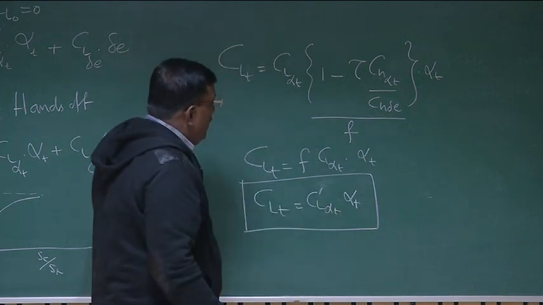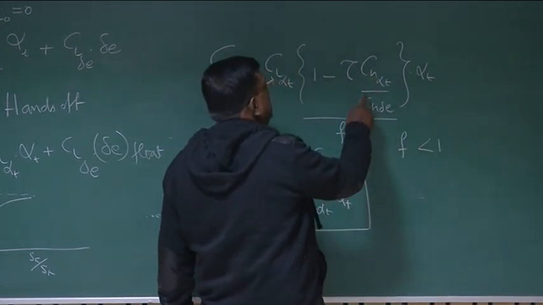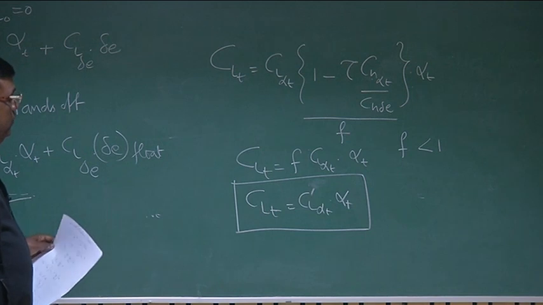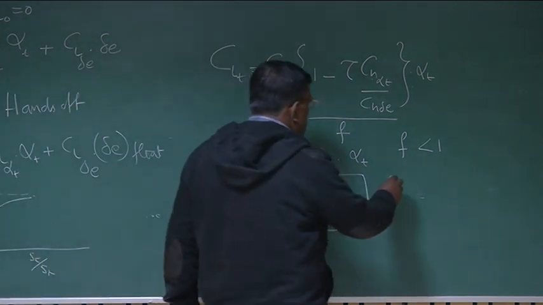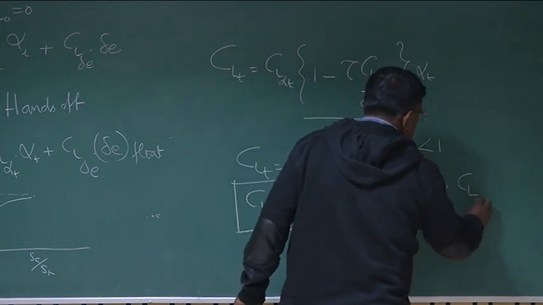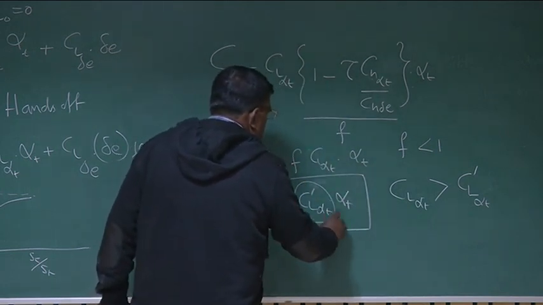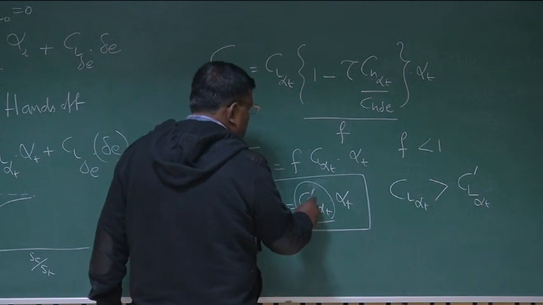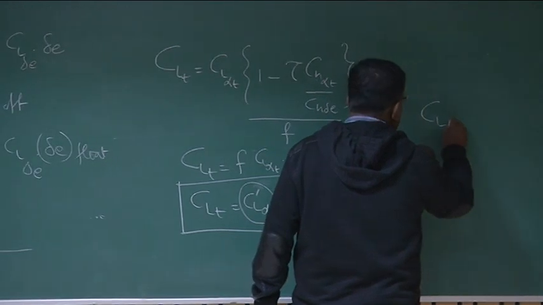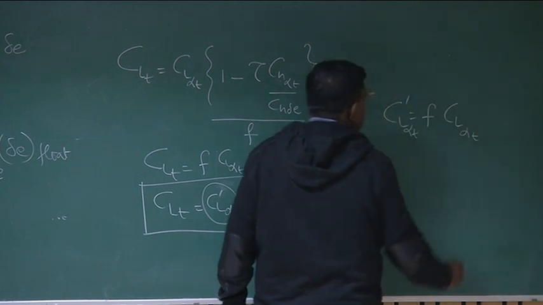Okay? And what is F? We could see F will be less than 1, because this is negative, this is negative, this is positive, so F will always be less than 1. So what we are getting from this relationship is CL alpha t is greater than CL alpha t prime, because CL alpha t prime is nothing but F into CL alpha t.